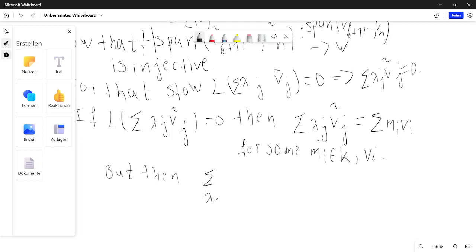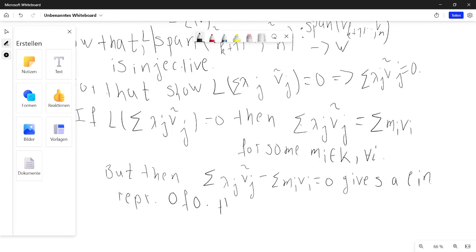The sum of lambda_j v_j minus the sum of mu_i v_i equals 0 gives a linear representation of 0.